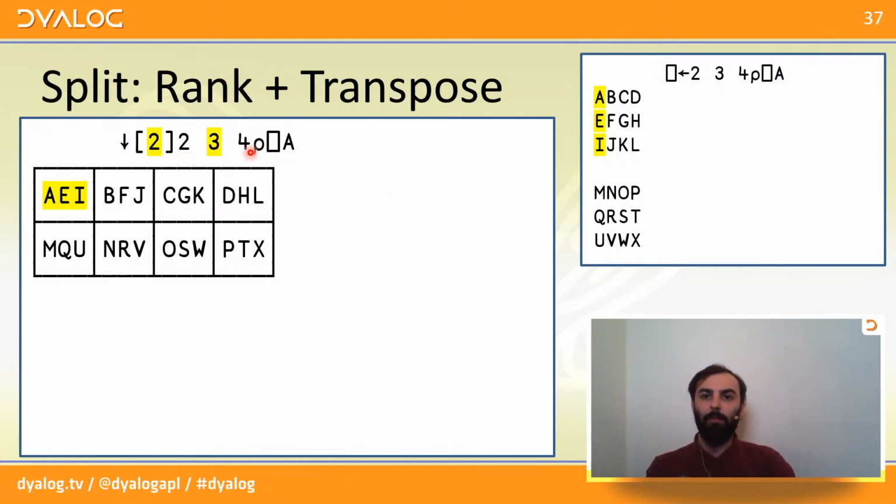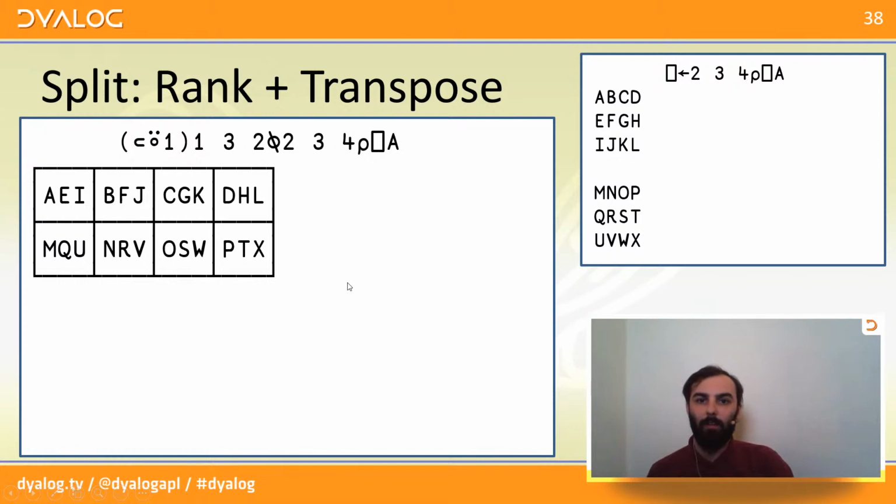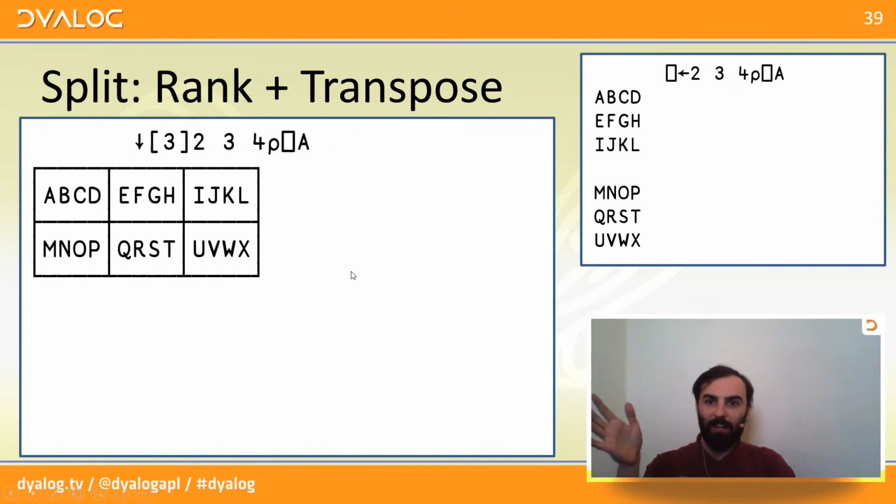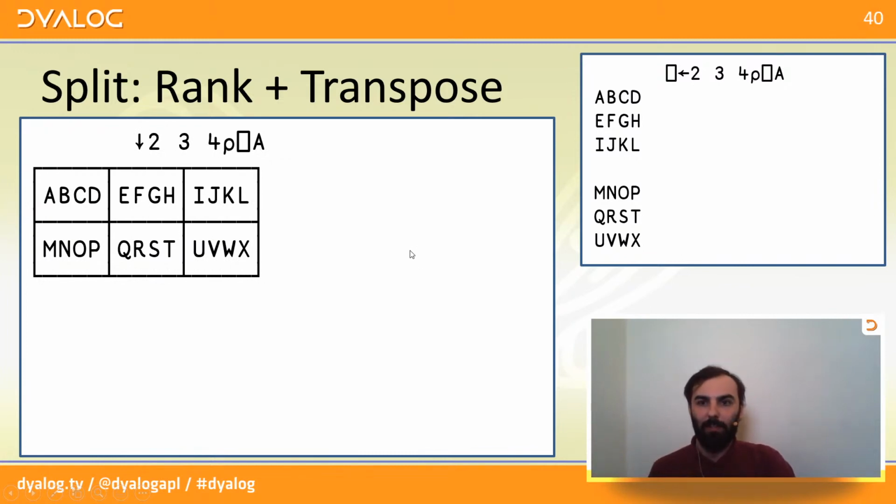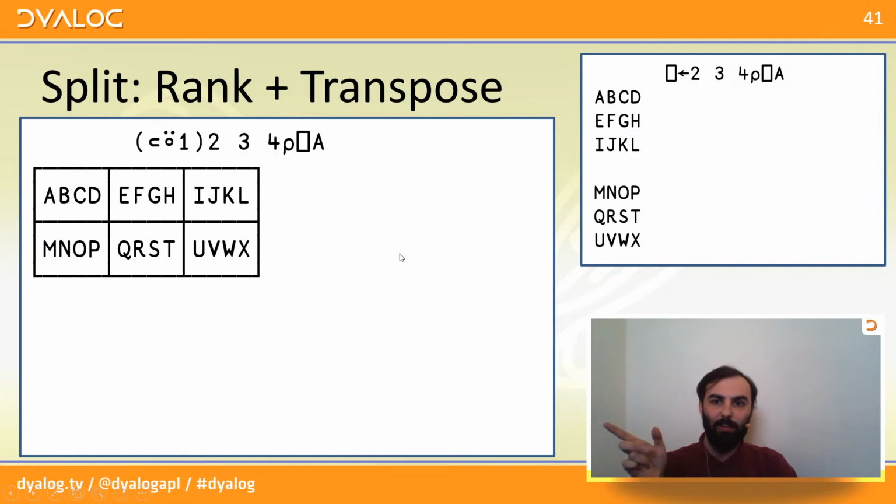Second axis becomes the third, and the third axis becomes the second, so that's a 1, 3, 2 transpose. Okay, and one more time for the people at the back. Yeah, in this case you don't have to do anything, it's literally just the default for split, and as we said, we just substitute Enclose-rank 1.